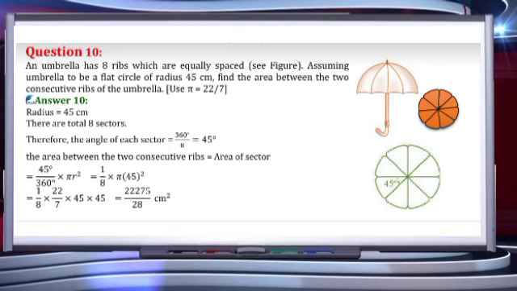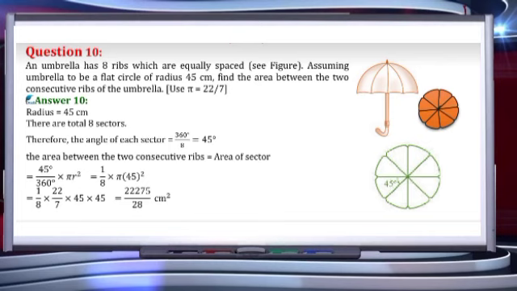So students, here radius is 45 and total sectors are 8. So the angle at the center will be 360/8, that is 45 degree. Next we are going to find the area between two consecutive ribs, that is the area of a sector only, with theta as 45 and r as again 45.